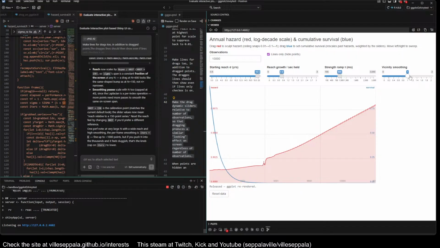I think we need more smoothing. Not quite sure that this is working.